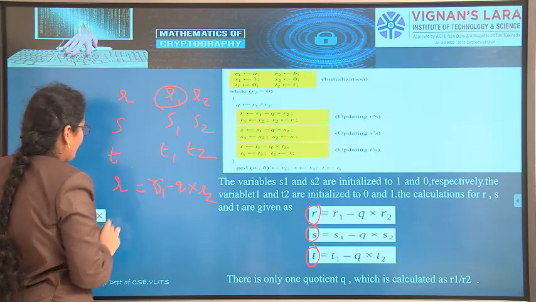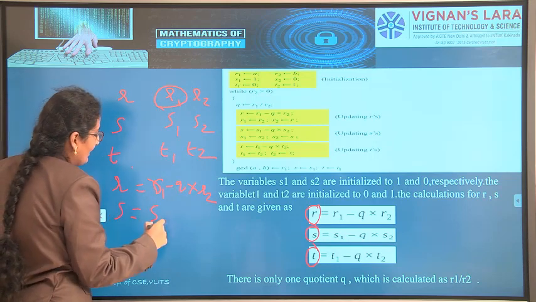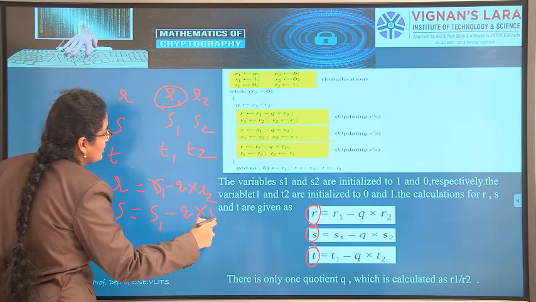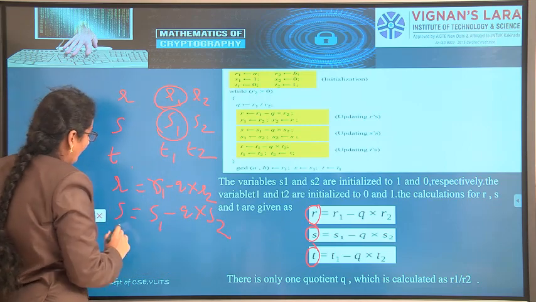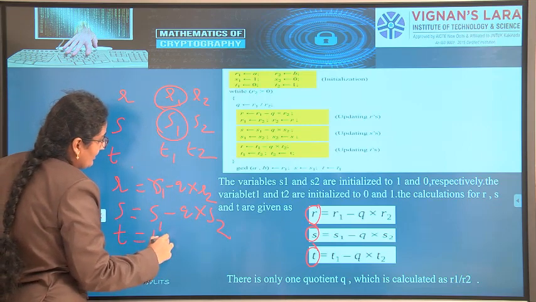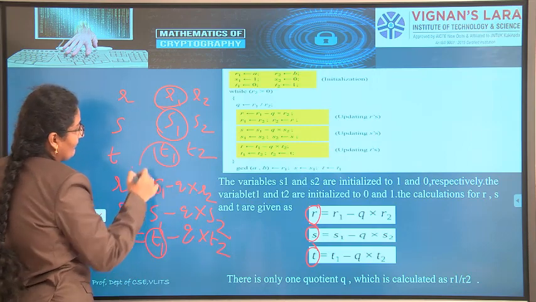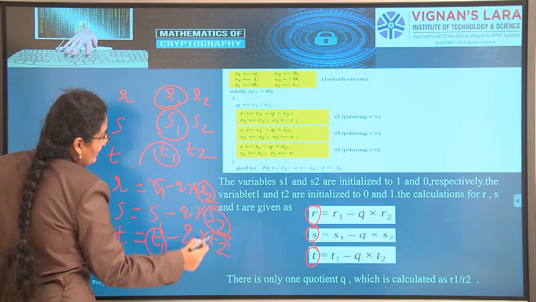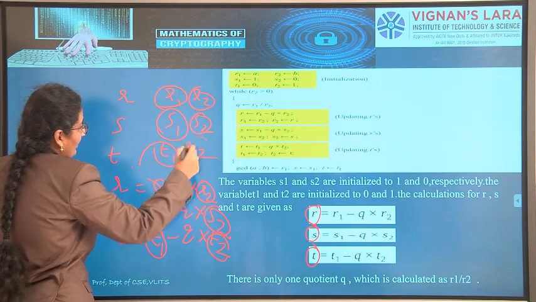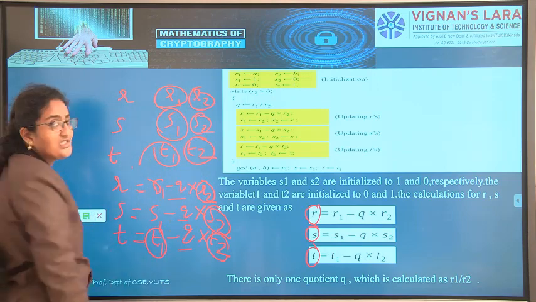Here you have R1. S equal to S1 minus Q into S2. Here you have S1. T equal to T1 minus Q into T2. T1 here you have. R2, S2, T2 here only you have. Q is nothing but the quotient.